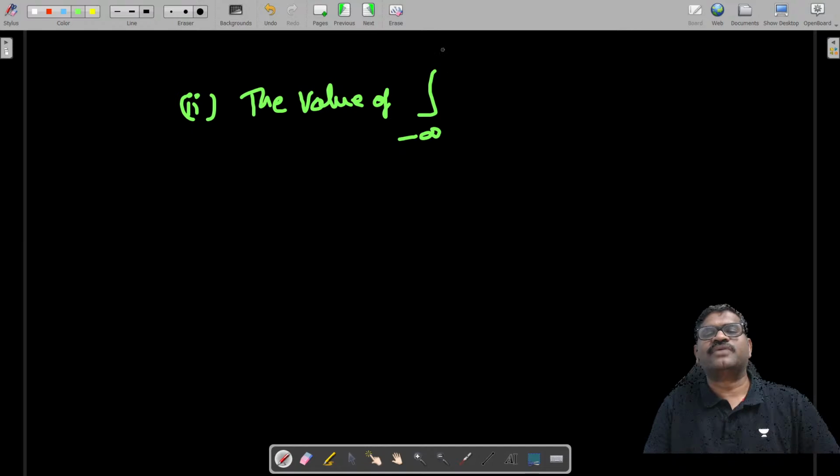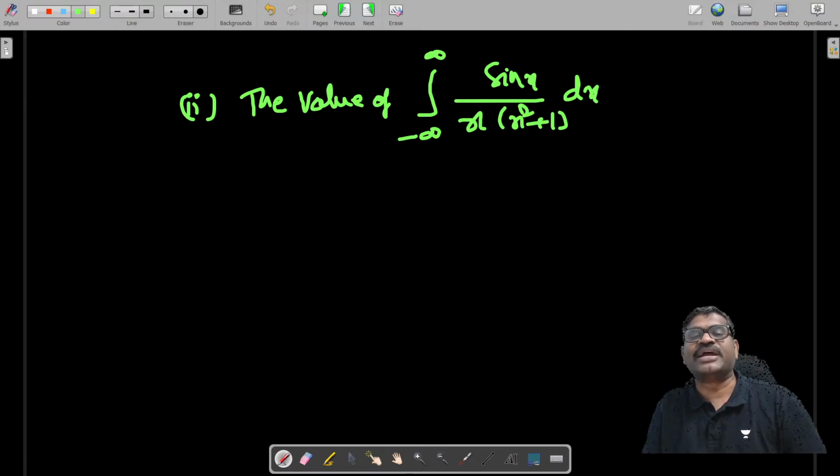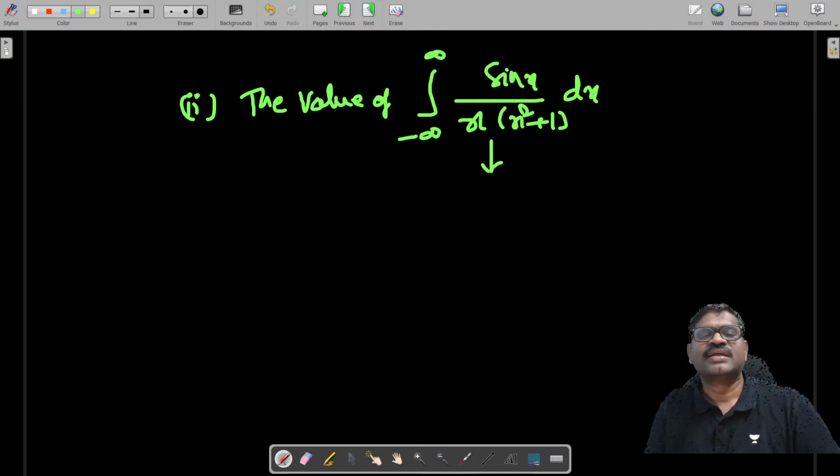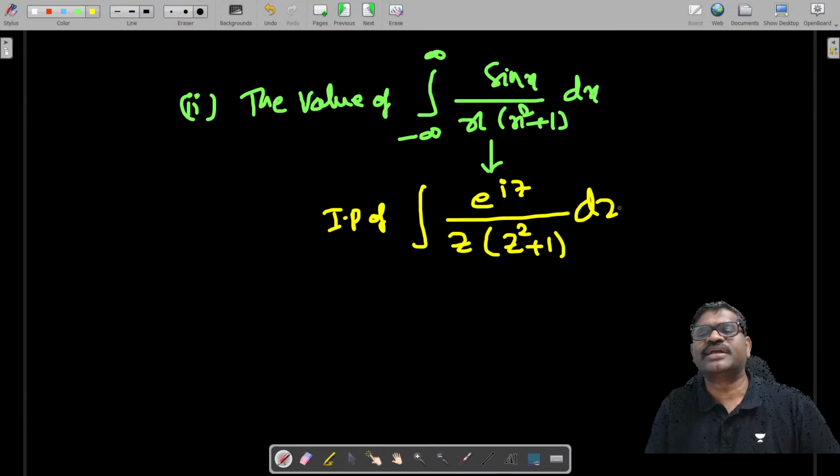The value of the integral from minus infinity to infinity of sin x by x into (x square plus 1) dx is nothing but, please concentrate, the imaginary part of the integral of e^(iz) by z into (z square plus 1) dz.